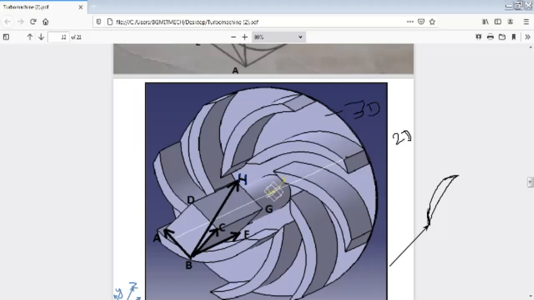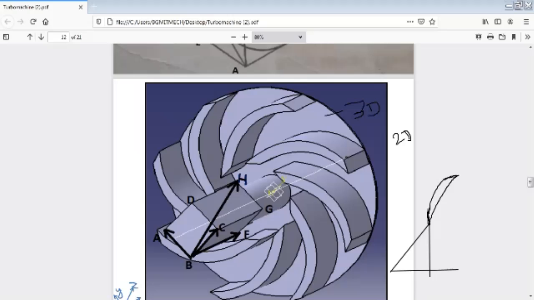It has a velocity component. One is V1, and for this case it will be VR1 or VRD1, the radial velocity component. Now look at the blade tip here.